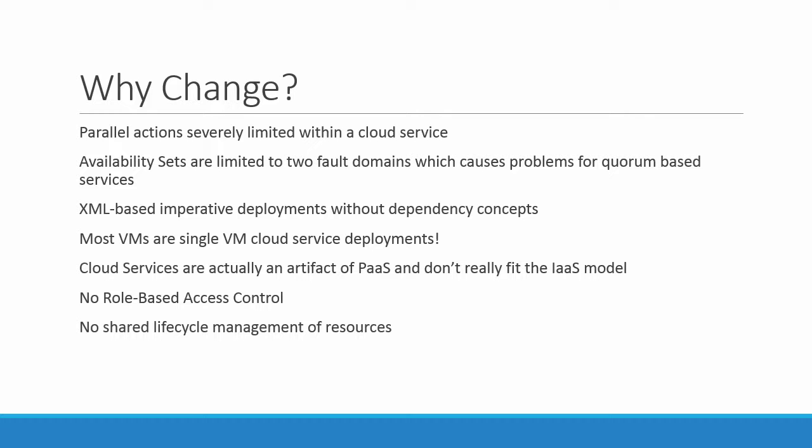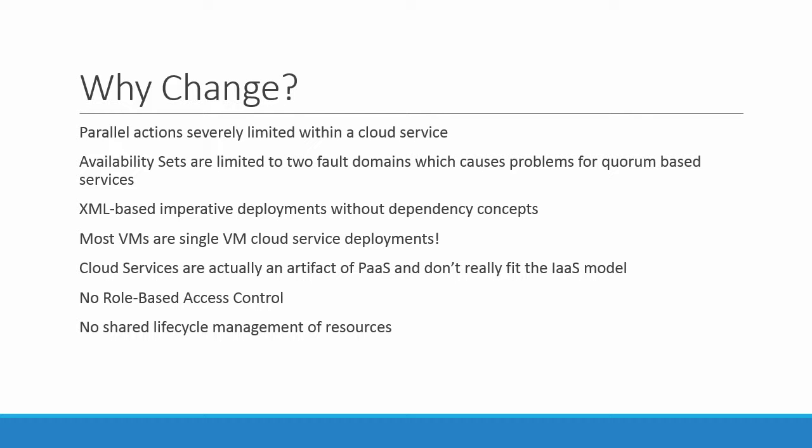So an availability set enables me to create this availability set construct. I put VMs in the availability set, and that tells Azure, well, because these VMs are in the same availability set, they're offering the same service. I need to split those over 2 different fault domains, and 2 is the maximum.